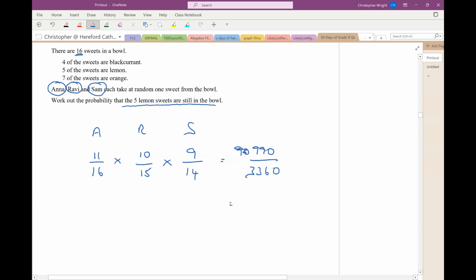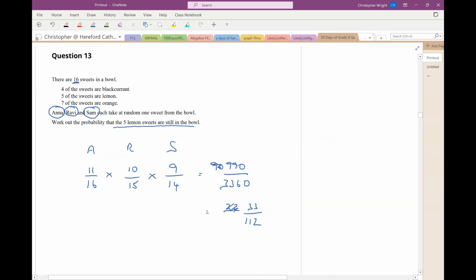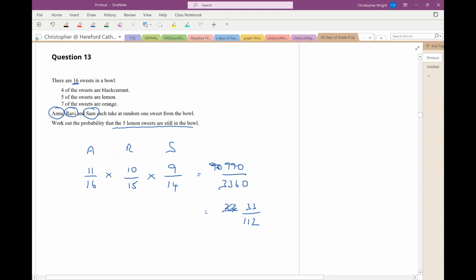So if I put that in as a fraction, 3,360 gives me an answer of 32, no it doesn't, 33/112ths. And that is question 13 done, and I hope you avoided thinking about the probability of anything more complicated than you needed to.